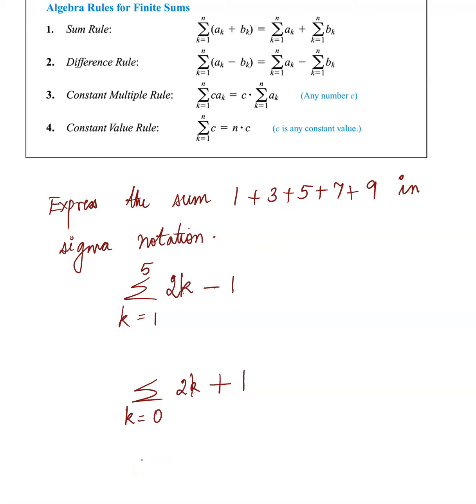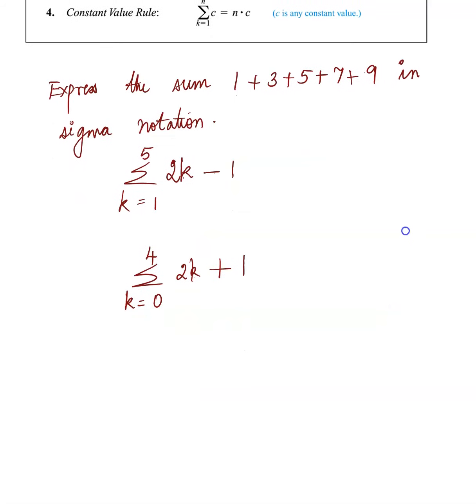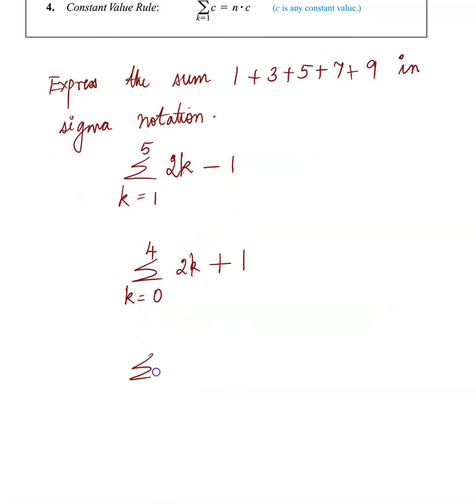So you're able to generate the same steps, but if you started at k equals 0. Because you're adding 1, I think we should stop at k equals 4. So that 4 times 2 is 8, 8 plus 1 is 9. So that also works. And then after this point, it's just stretching it here and there. So we always put a parenthesis around it so that we know it's all being summed.